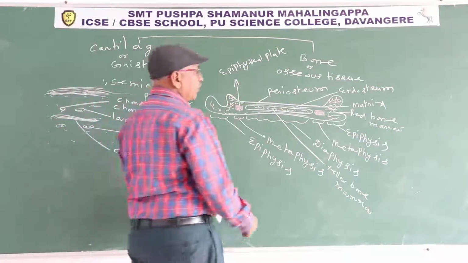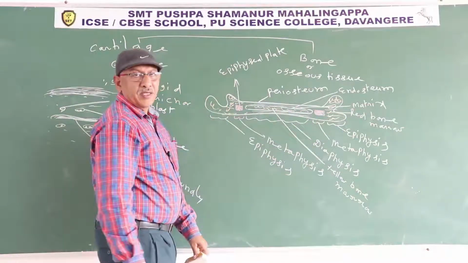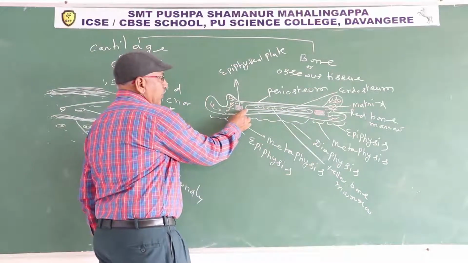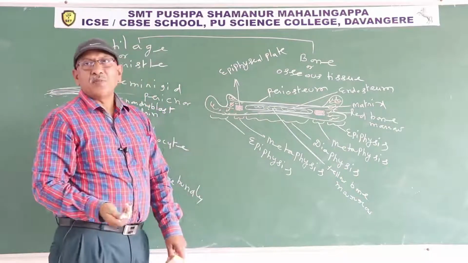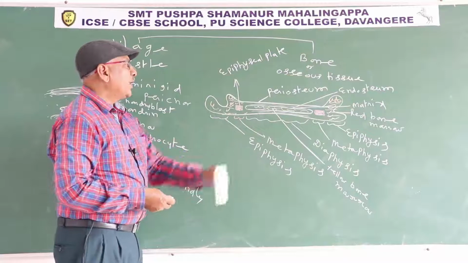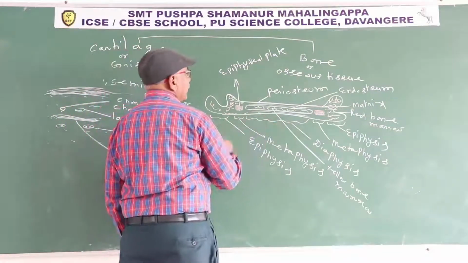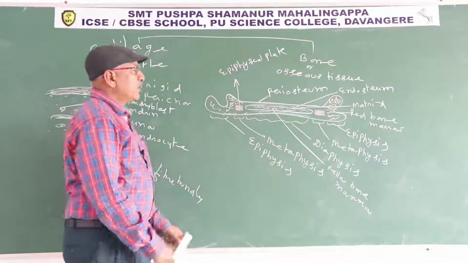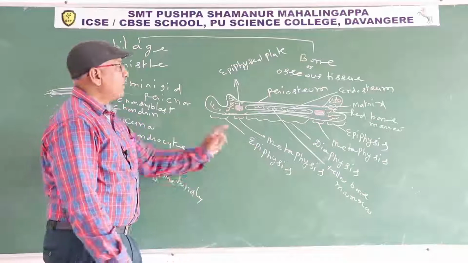In children, during growth, diaphysis grows toward the epiphysis. So what happens? Diaphysis increases, epiphyseal plate disappears. Finally, in adults, long bone contains only 3 parts: diaphysis, epiphysis, epiphysis. Means metaphysis disappears.